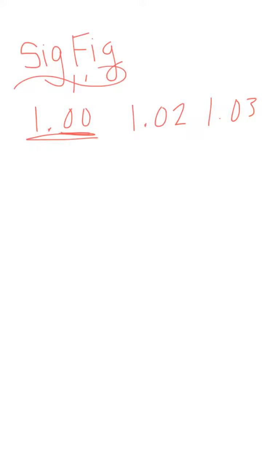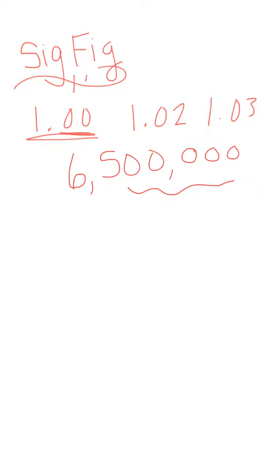If I have a much larger number, like 6,500,000, all of these zeros right here are just placeholders. They're placeholders showing you that my 6 and my 5 are in the million and 100,000 place values.